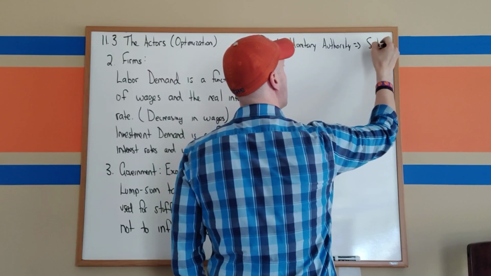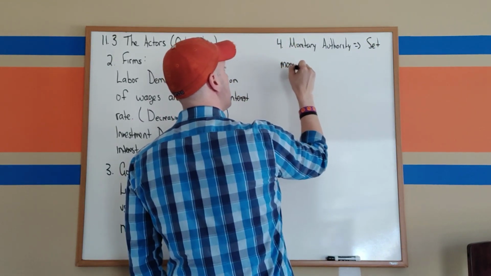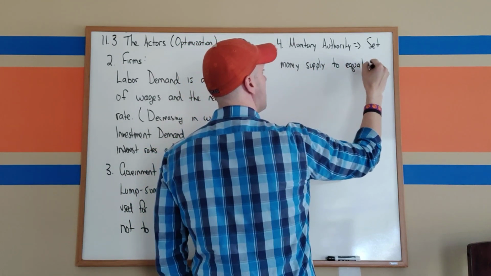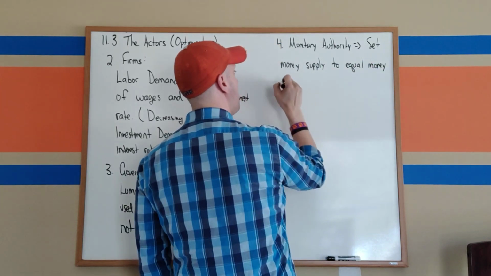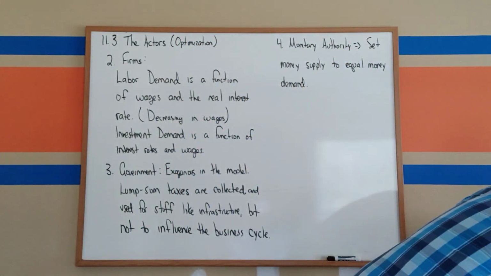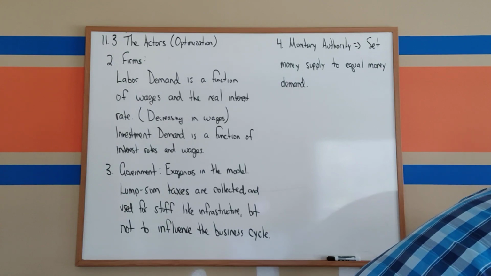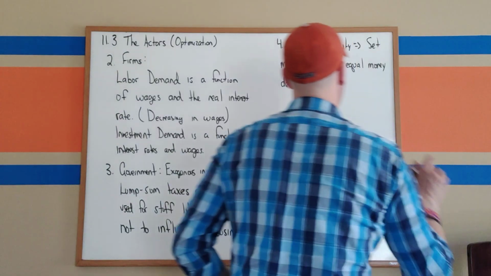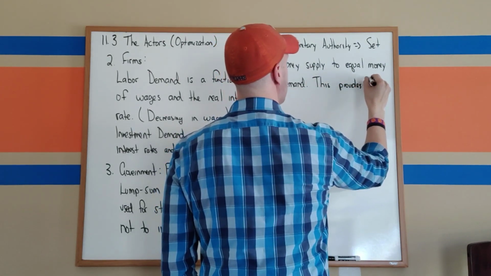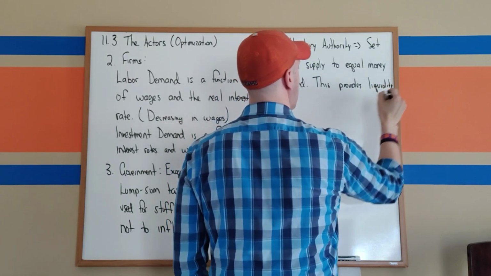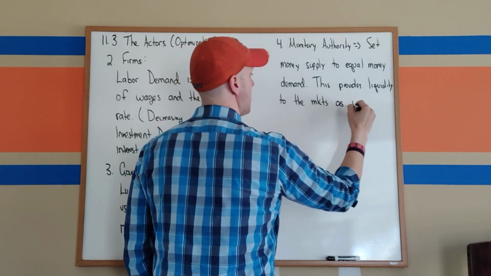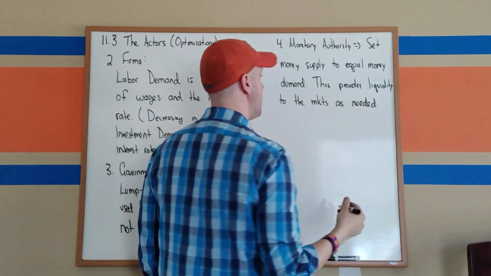And what they do is they just set money supply to equal money demand, which is done to provide liquidity to the markets as it's needed.